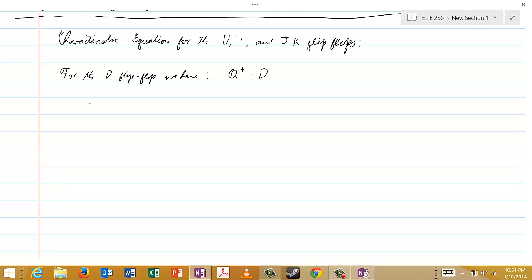Now, what about the T flip-flop? Well, the characteristic equation for the T flip-flop is the following.